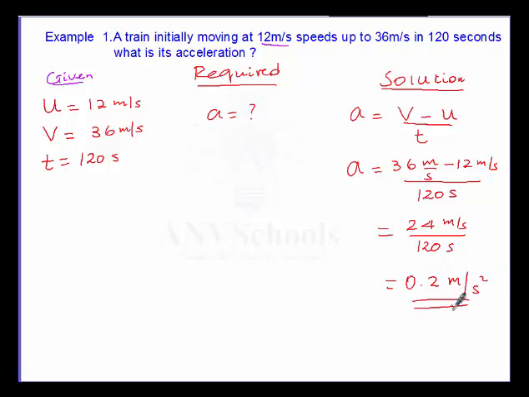This means the train is changing its speed by 0.2 meter per second every second. For every 1 second, the speed of the train increases by 0.2 meter per second. That's the physical meaning of this acceleration.